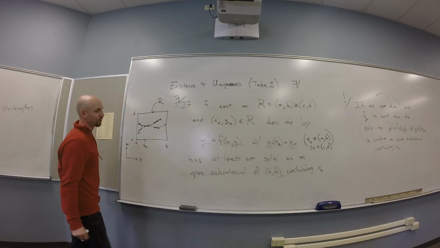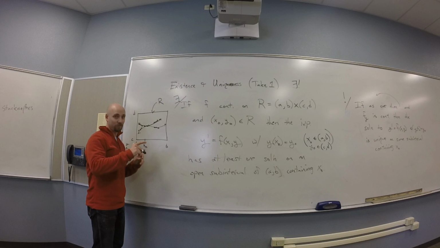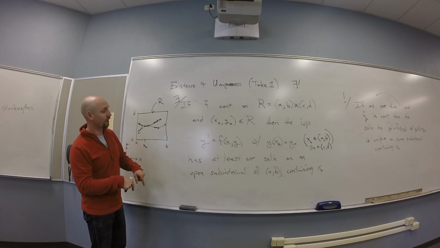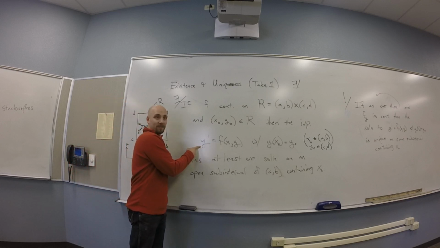Yeah, so the y partial is the rate of change of f with respect to y. You guys all see that? What is f describing? Well, f's describing the slopes, right? Are you with me?